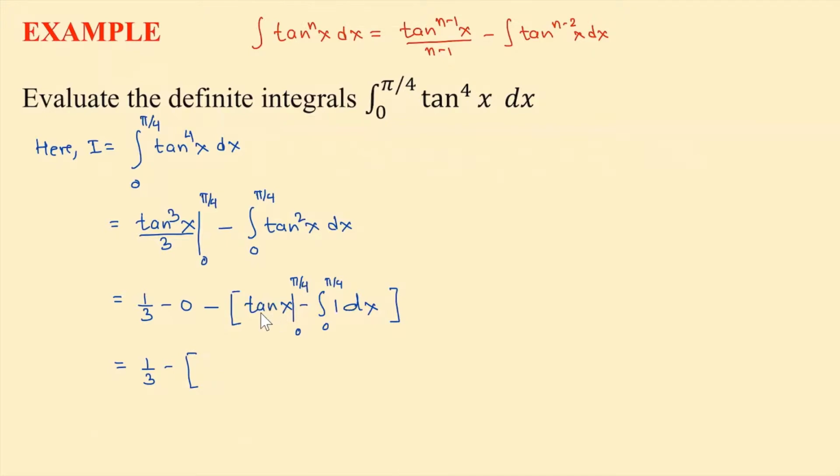When you plug in upper limit, it will be tangent pi over 4, which is 1, then minus, you plug in lower limit, it will be tangent 0, which is 0, then minus, here we have integration of 1 with respect to x, which is x, and we have to evaluate this from 0 up to pi over 4. Now let's see what we get.